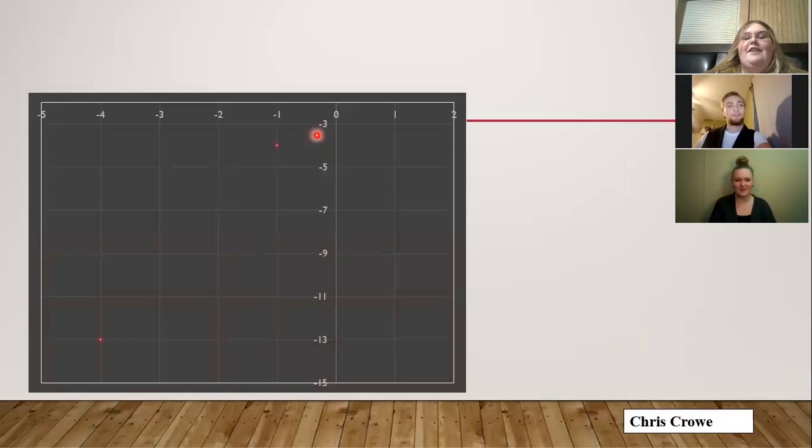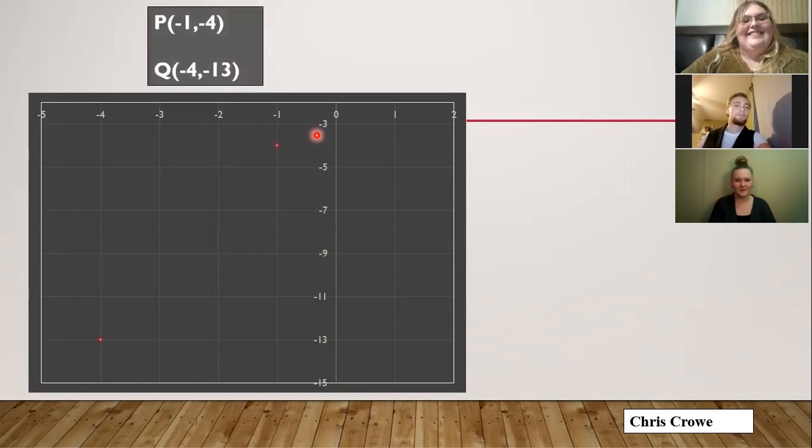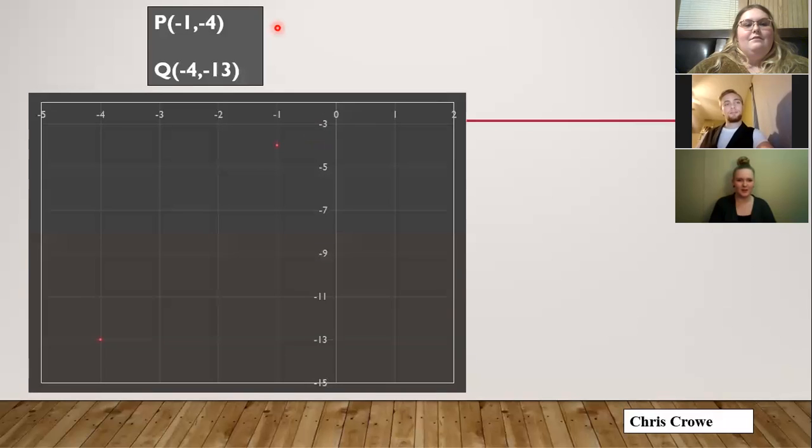All right, Anna, you think you got this enough that you can try and explain one of them? I think so. So here we have points P and Q, P being (-1, -4), Q being (-4, -13). So our first step is going to be plugging in our x and y values into our formula.